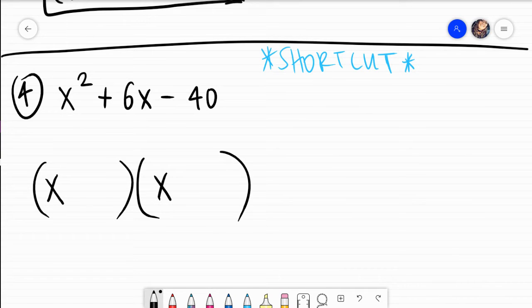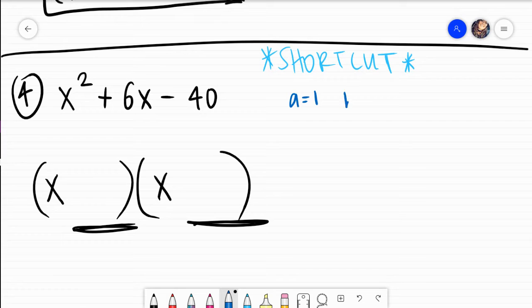Now let's look. I need to fill these 2 spots right here with numbers. The 2 stipulations are that they multiply together to give me A times C, the same product, and that they combine to give me B. So let's come over here.